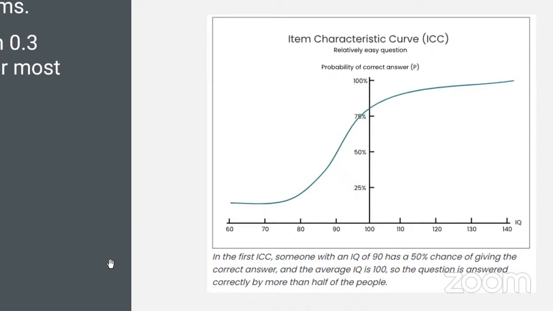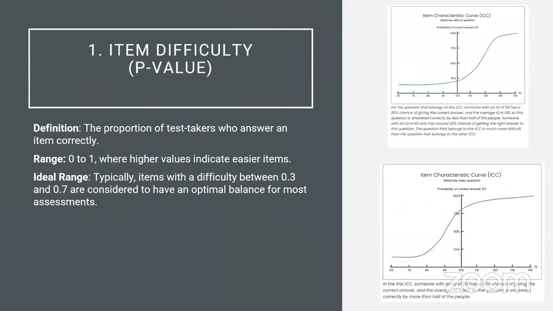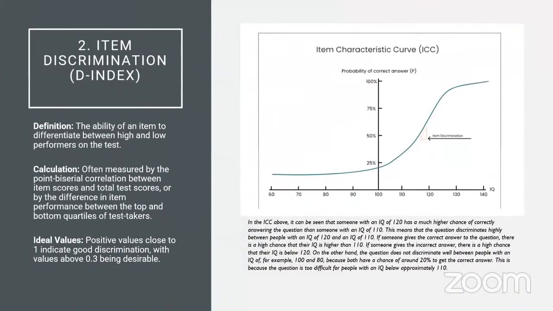So the question is answered correctly by more than half of the people. Okay. Next. So this indicates which item is better and which item is not suitable.